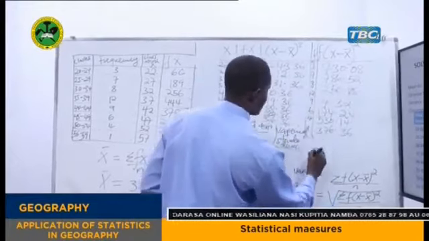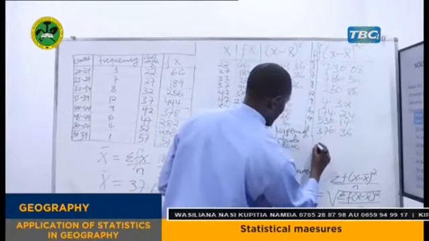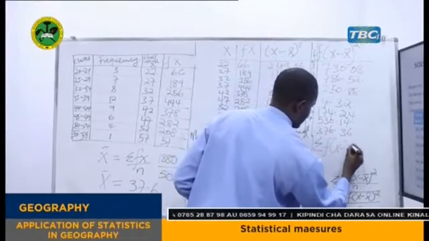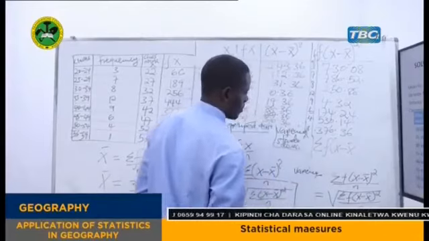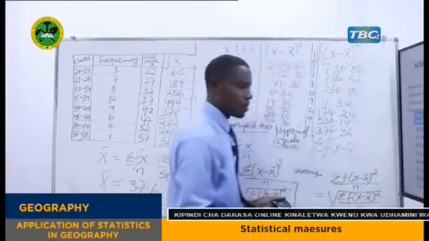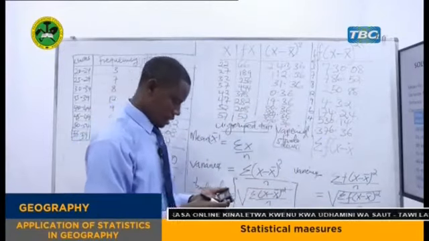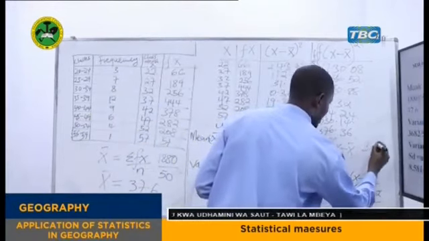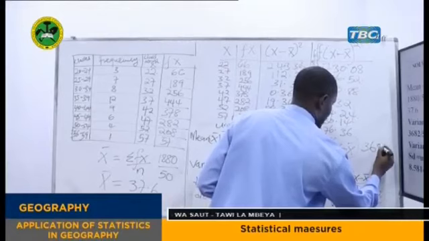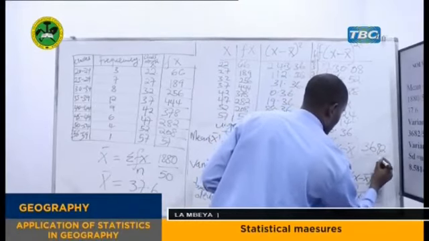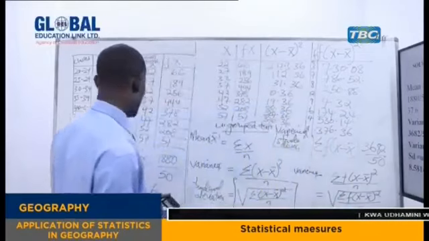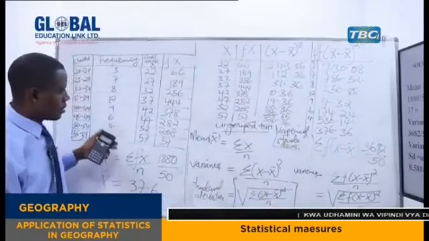Then if you call on the formula, we are now talking about that particular column. It's about the summation of f times x minus x bar squared. If you sum up that particular column, you will come up with 3682, then you divide by 50.